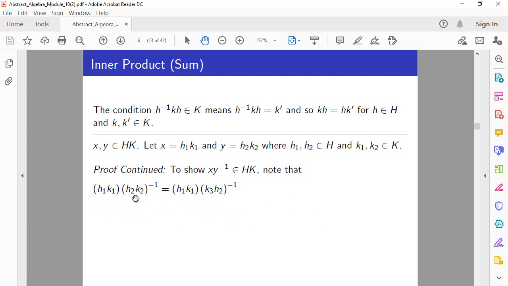The first thing that I'm doing here is applying this equation right here.